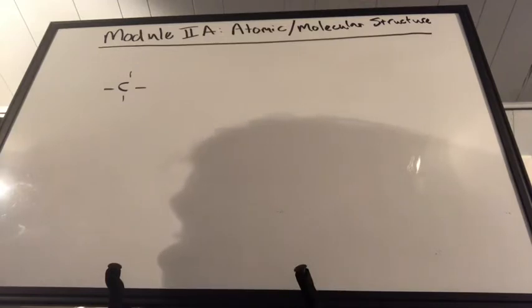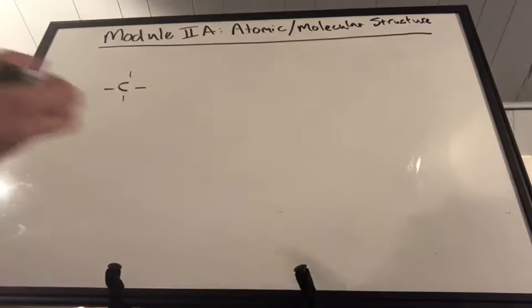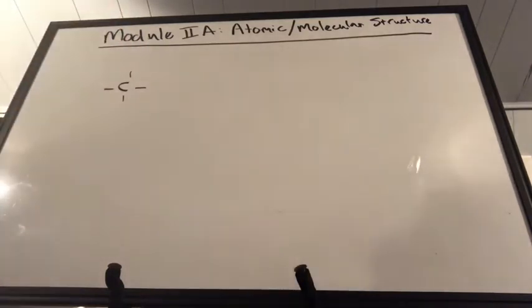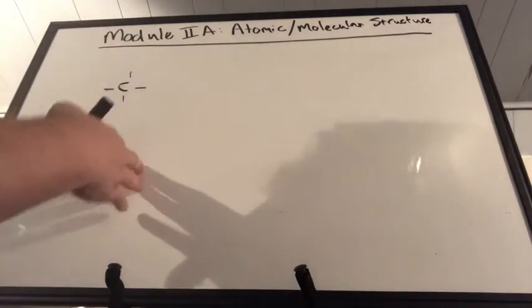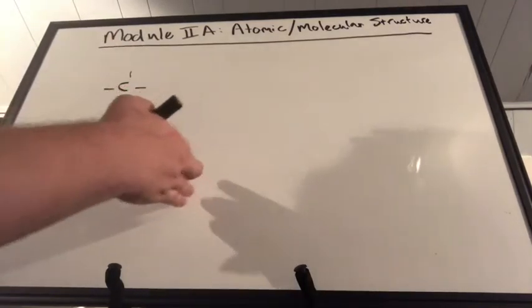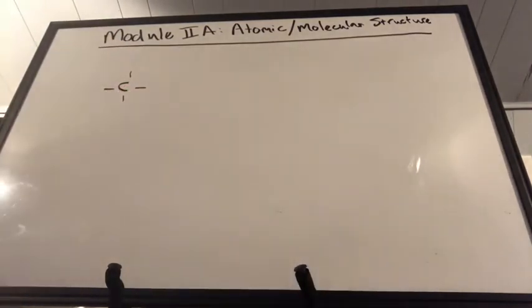Okay, so as you may or may not know, as you tack on more bonds, there's first the 1 sigma, then 1 pi, and then an additional pi for a triple bond. As you tack on more bonds, the more stable that particular nucleus to nucleus interaction is, right?